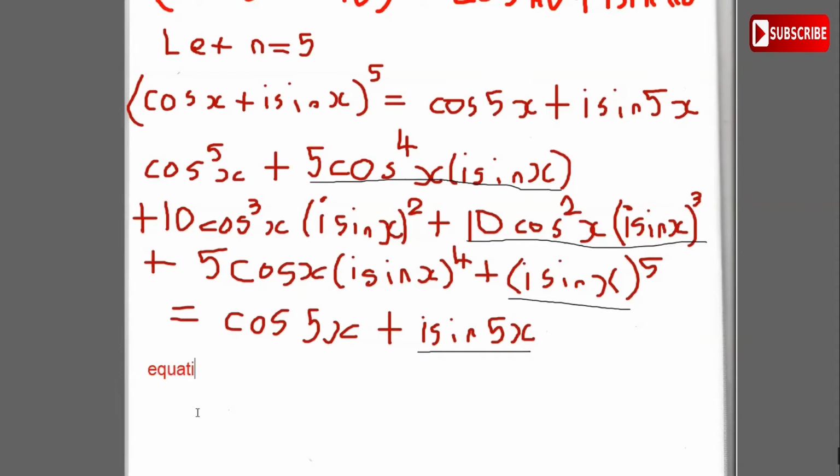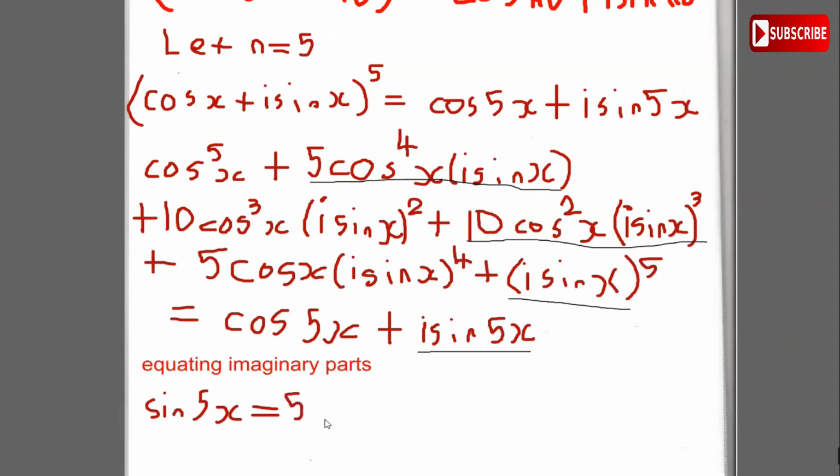Equating imaginary parts. What we're going to be getting now is that sine 5x is equal to 5 cos to the 4 x times i times sine x, because we can ignore the i now; we're dropping off the i, we're equating the imaginary parts.